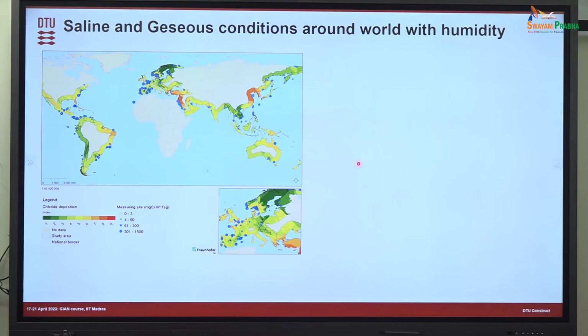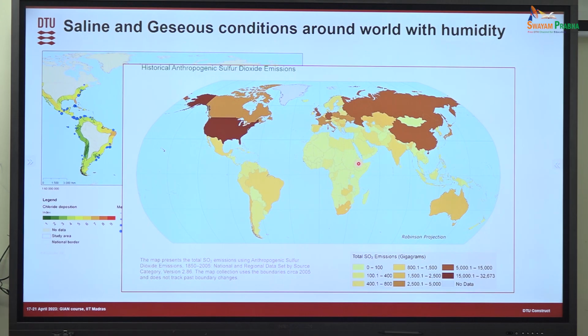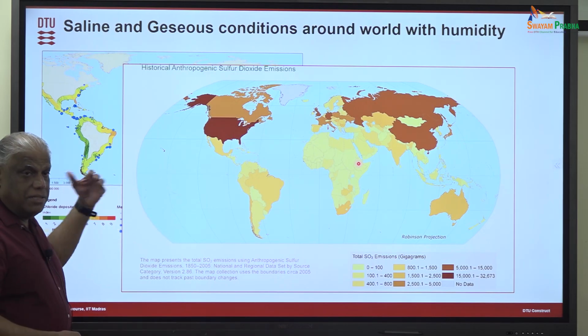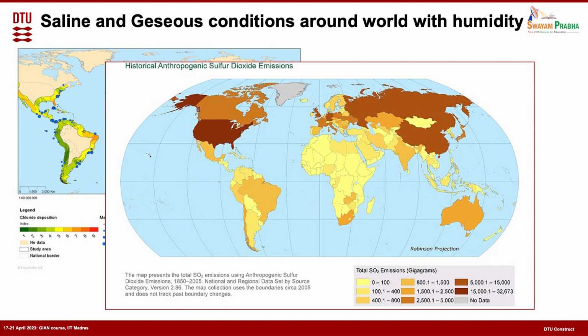There are saline concentration and gaseous condition maps, showing what the saline concentration will be at different places. There are also maps related to SO2. There is so much information already available in the literature that can be used for a lot of prediction and for proactive design.